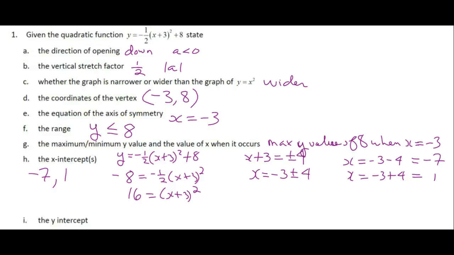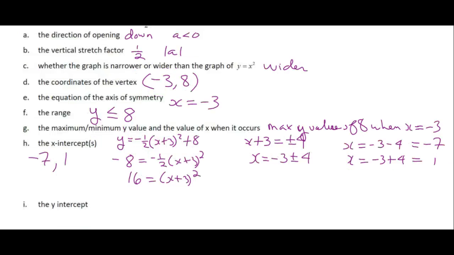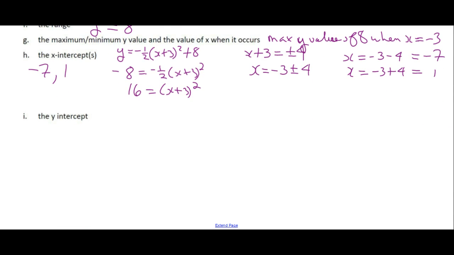And the y-intercept. To get the y-intercept, same deal, right? We're going to start with the equation. So I like to rewrite it. And the y-intercept occurs when what? When x equals 0, right?